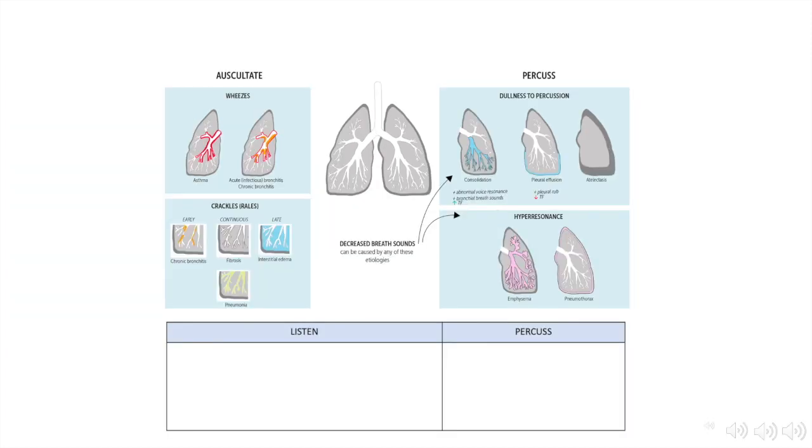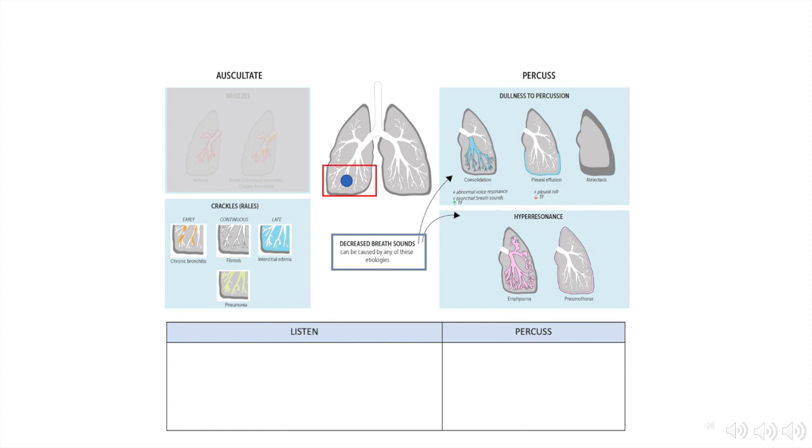Here's our first case. On auscultation, you appreciate that lung sound on the right lower base. And that sounds like a crackle, the red box for reference. Also on auscultation, you appreciate decreased breath sounds in that same area.